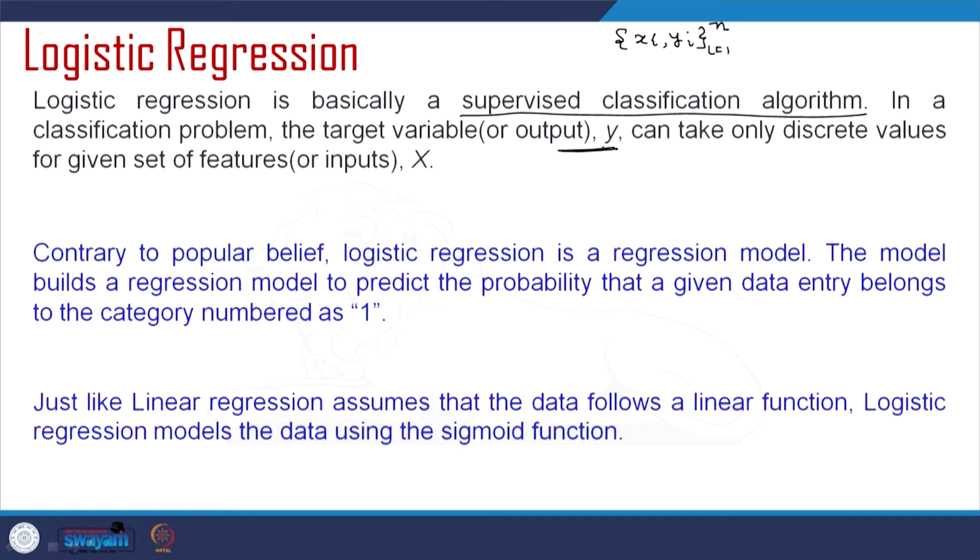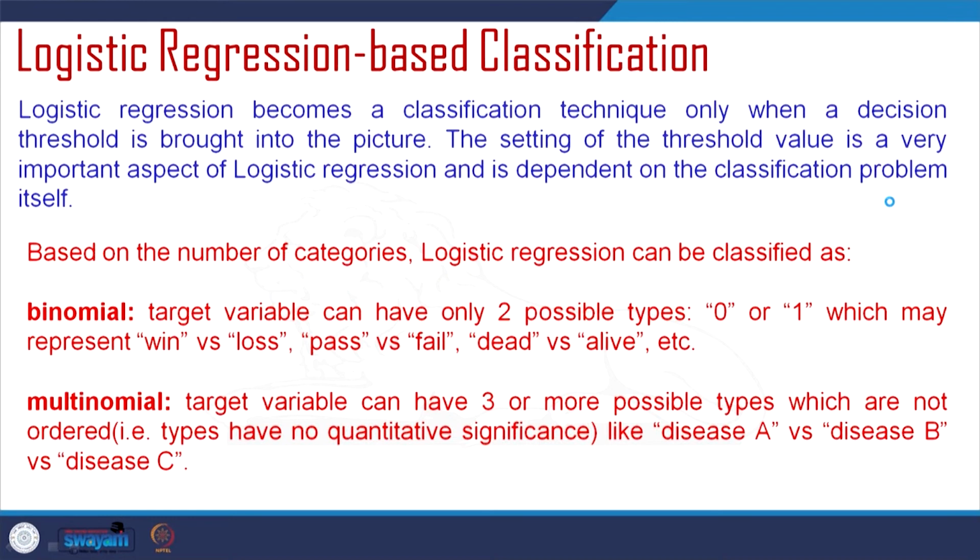So, in this model I will take two classes, the 0 class and the 1 class. Now, how does logistic regression become a classification algorithm?